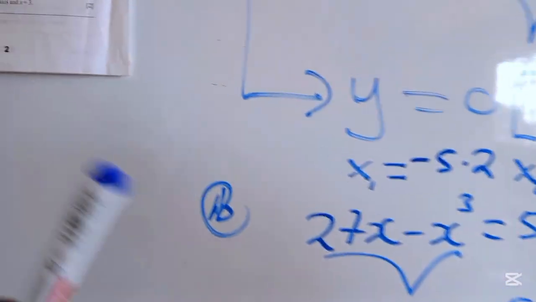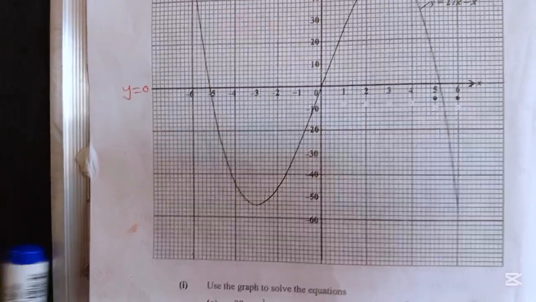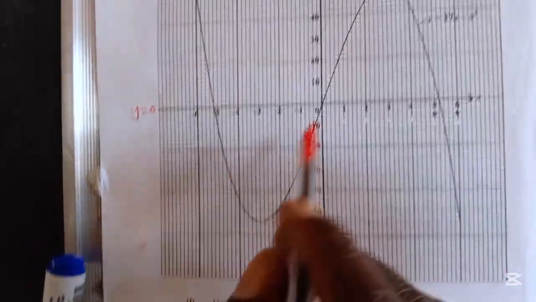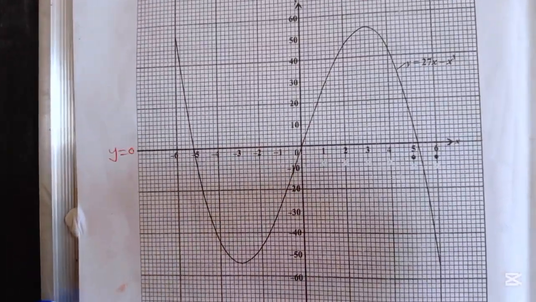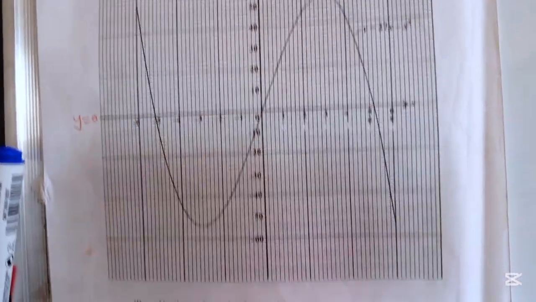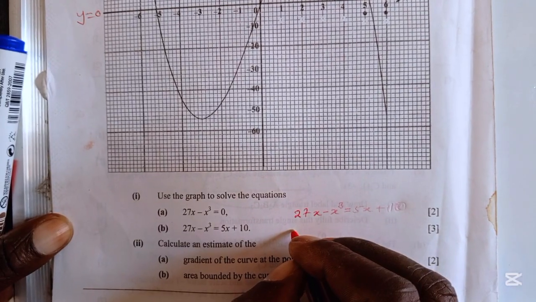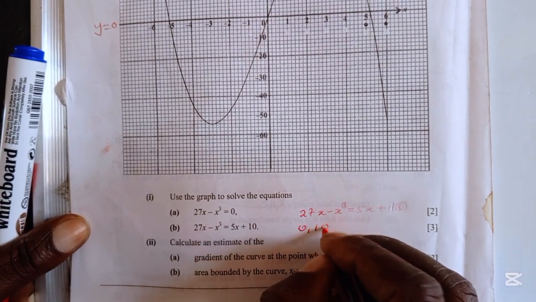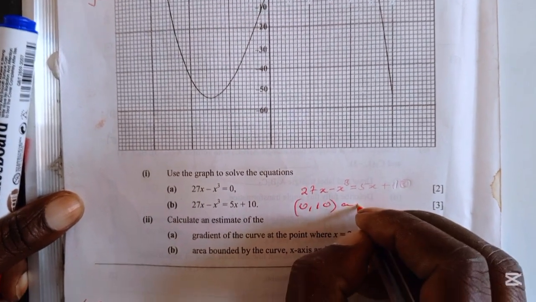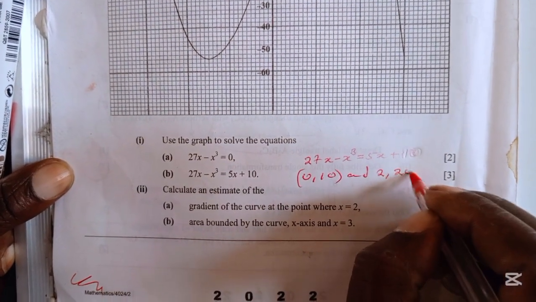Mr. Cameraman, kindly bring your camera here. You will find that I've got the first point, which is the first point we got on this one. The coordinates are 0, 10, and I've got another point which is 2, 20.